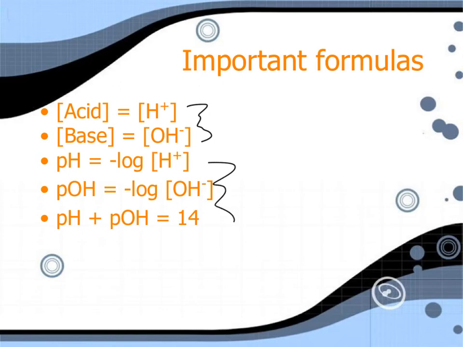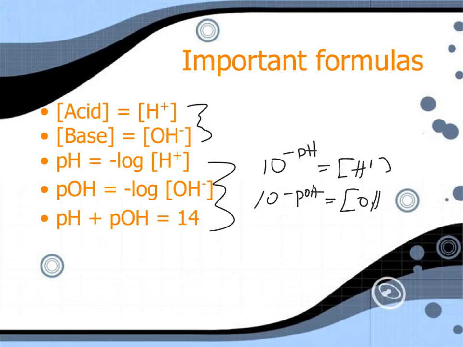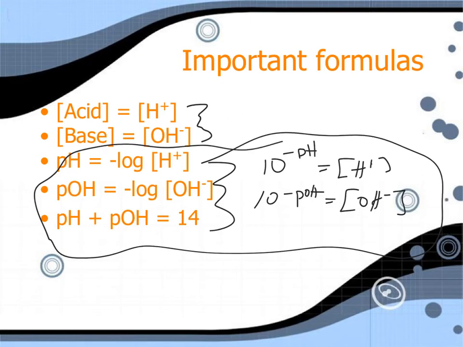Now these next three, with the inclusion of 10 to the negative pH power equal to the H plus, and 10 to the negative pOH power equals OH minus. These 5 formulas will be given to you on the quiz and the test, and you'll just need to know how and when to use them. So pay close attention to these 5 formulas because we're going to use them in the next couple practice problems.